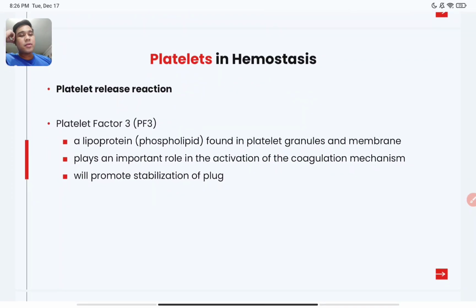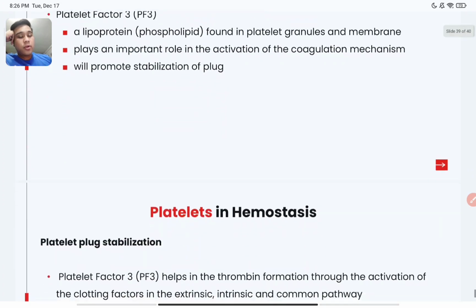So the platelet release reaction, your platelet factor 3, it's a lipoprotein or phospholipid found in the platelet granule and membrane, and it plays an important role in the activation of the coagulation mechanism, and later on will promote the stabilization of your platelet plug.